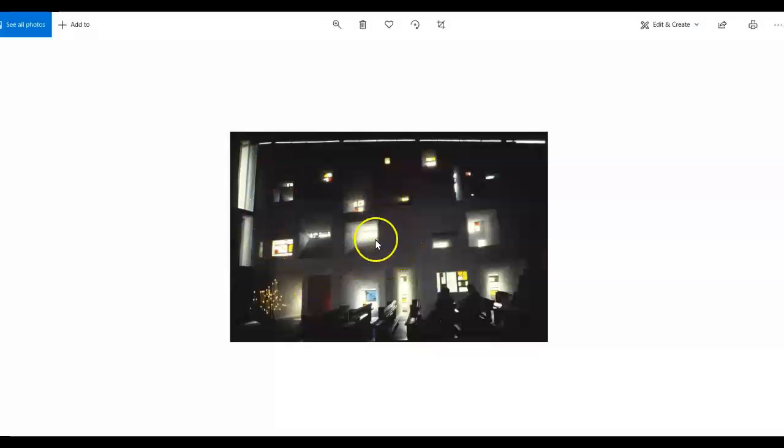And then there is this negative form of these window spaces, right? But they really aren't nothing at all. This is really probably the most interesting part of this building.